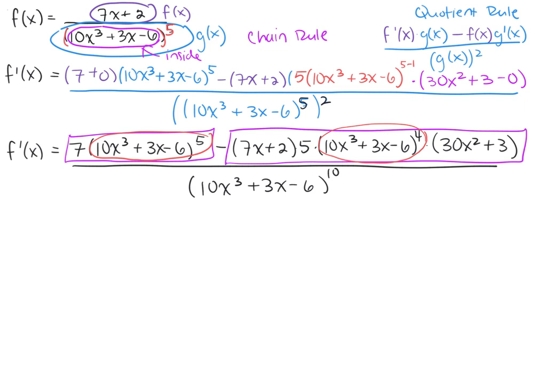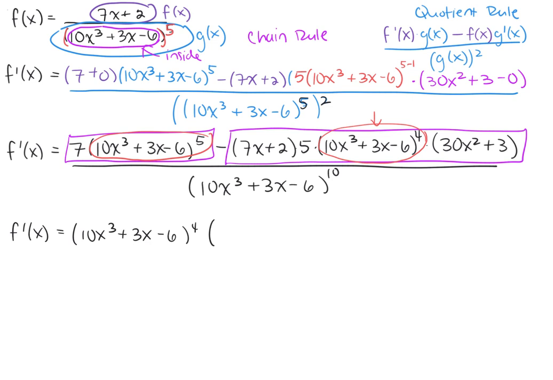So what I can do here is factor out 10x to the third plus 3x minus 6 to the fourth. And then what's left inside is this.